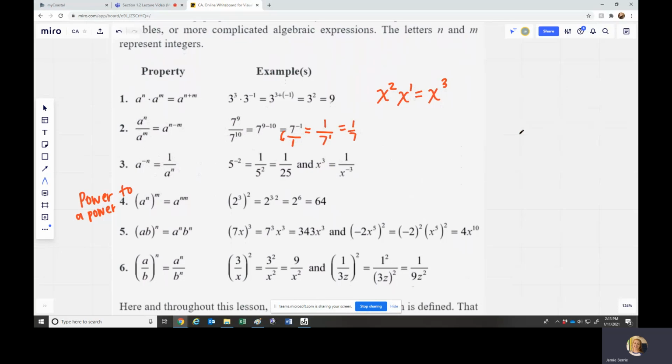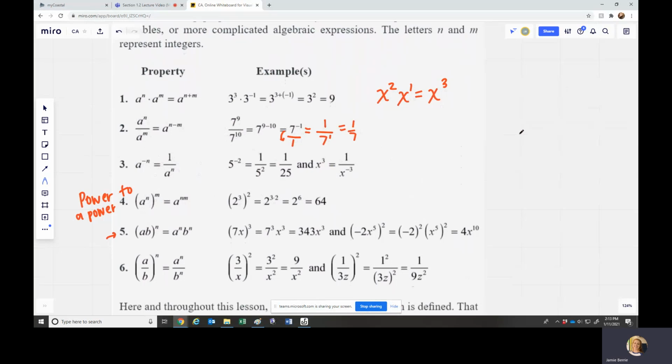We have an exponent being raised to an exponent. If you have a power to a power, then you multiply them. Here we have an example, 2 cubed raised to the 2nd power, or 2 cubed squared. You would multiply those exponents. 3 times 2 is 6. So 2 to the 6th power would be 64.